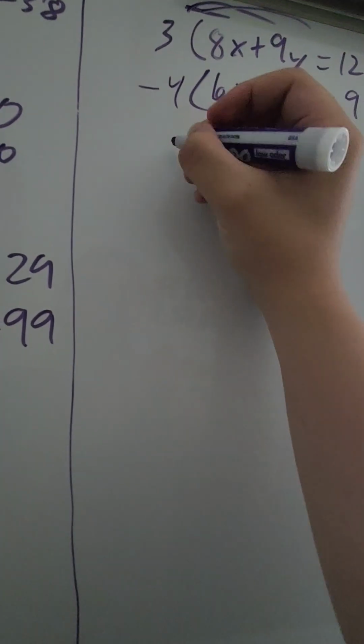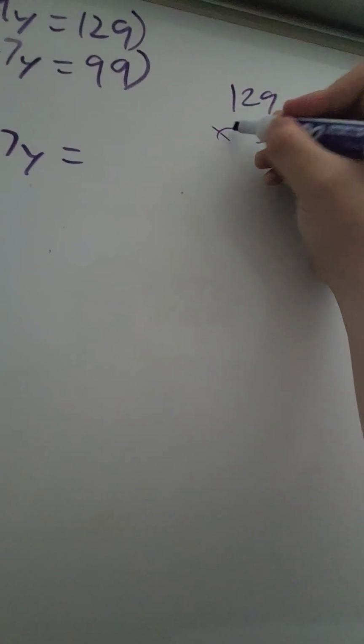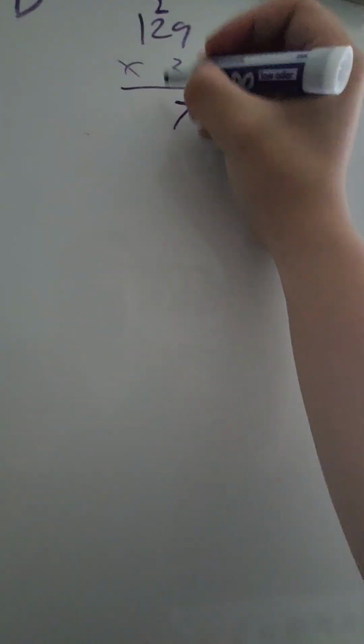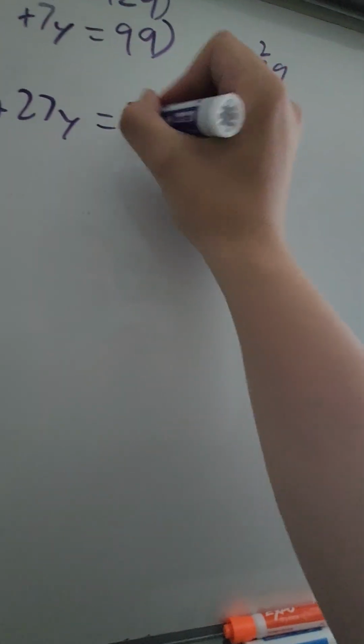We distribute it, so that would be 24x plus 27y is equal to 129 times 3, which is 387. And then we distribute that.